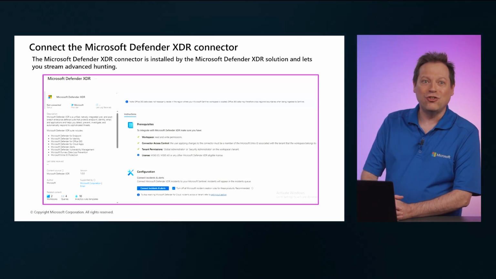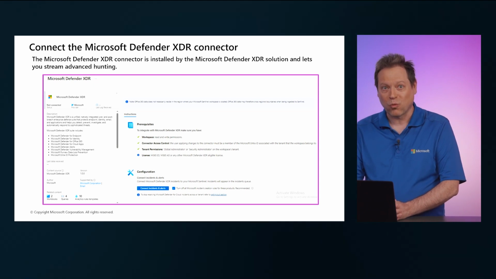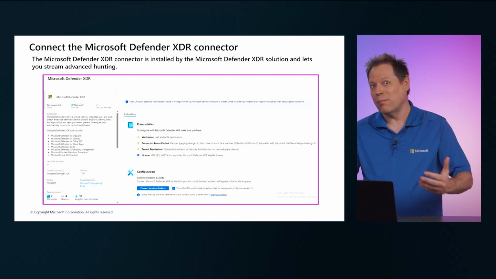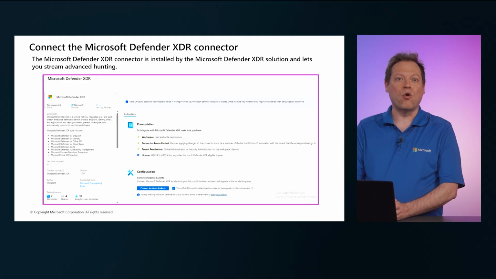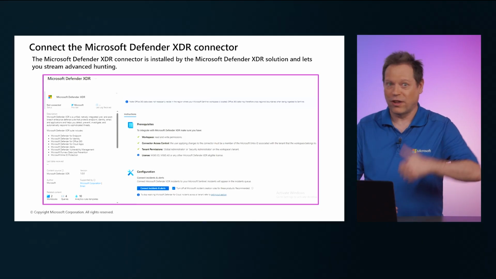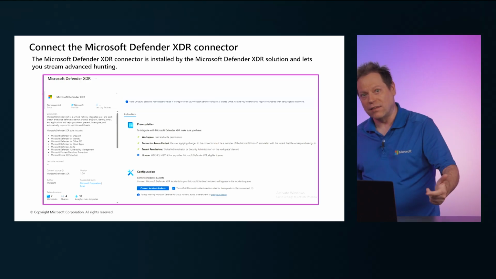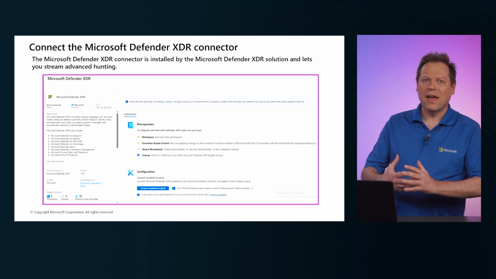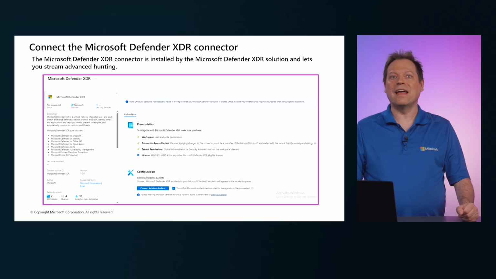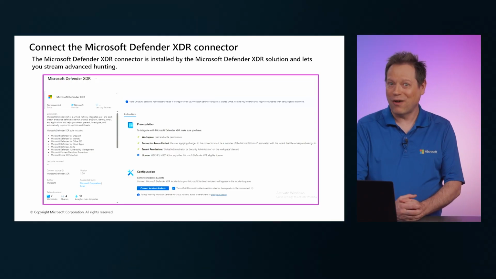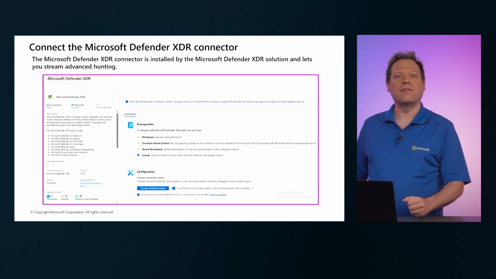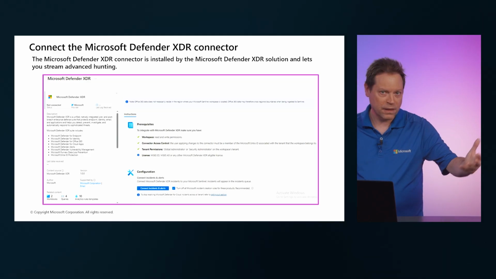Once connected, you can expect a wide range of data types to become available, including core incident and alert tables like security incident and security alerts, plus a broad set of hunting and telemetry tables, such as device events, device file events, device info, and many more.